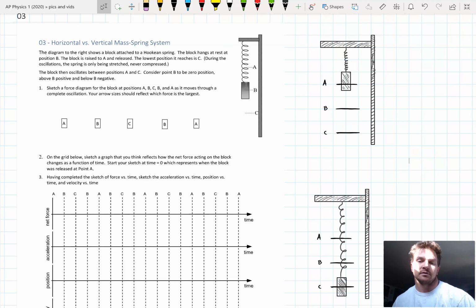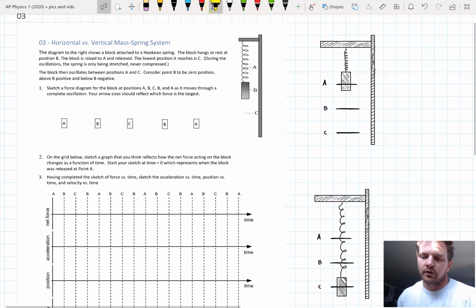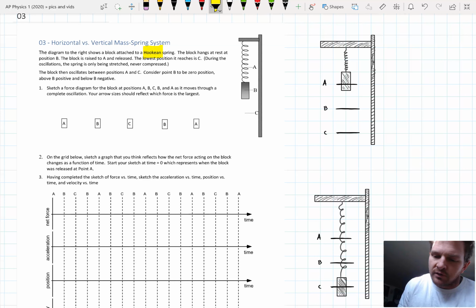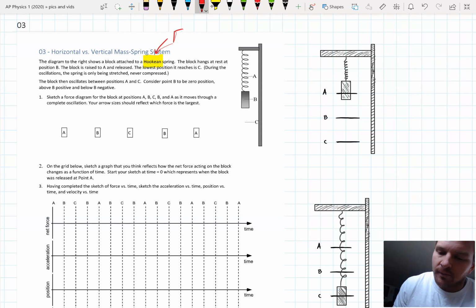The diagram to the right shows a block attached to a Hookean spring. We talked about this in the last video. That just means that the force of the spring follows Hooke's law.